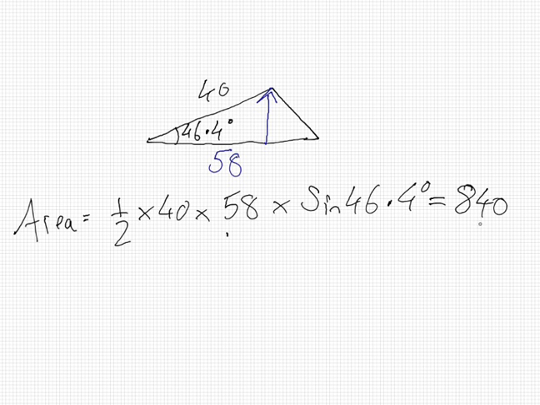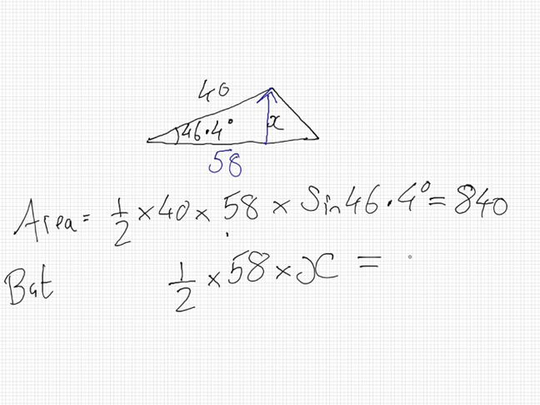But what's my second formula for area? A half the base multiplied by the height, which is what I want, isn't it? And we know what the area should be. What is it? 840. So we can easily solve this to get the x. Therefore, x equals 840 multiplied by 2 divided by 58. What do we get?